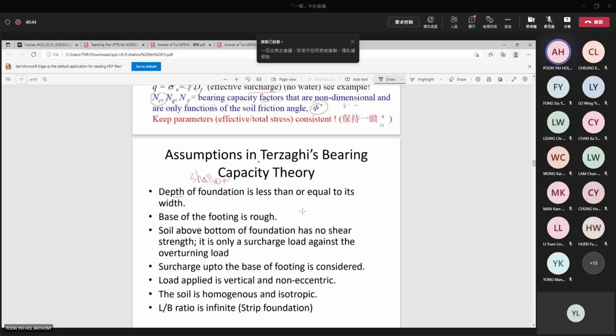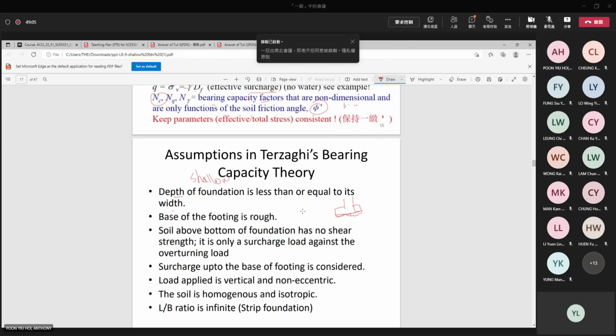So the depth of the foundation is less than or equal to its width. And there is no friction on the base of the footing; the base of the footing is rough.